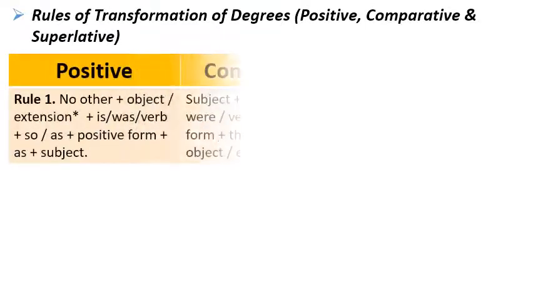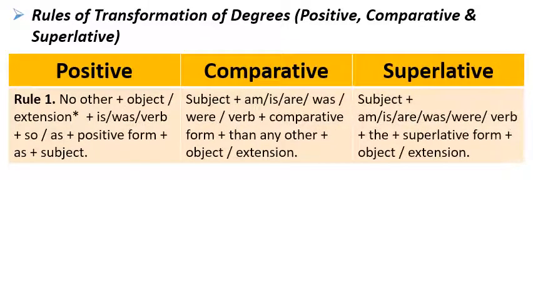So rule number 1 is, if you are getting a structure in positive degree like this: no other plus object or extension plus is, was plus so or as plus positive form plus as plus subject. If you are getting a structure in comparative degree like this: subject plus am, is, are, was, were plus comparative form plus than any other plus object or extension.